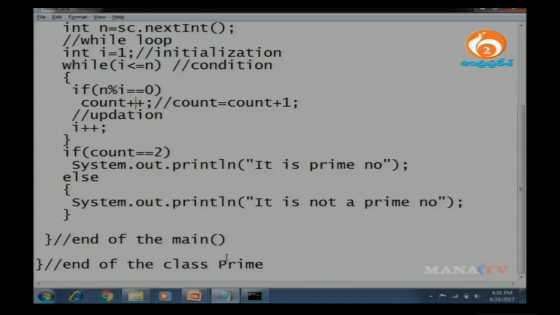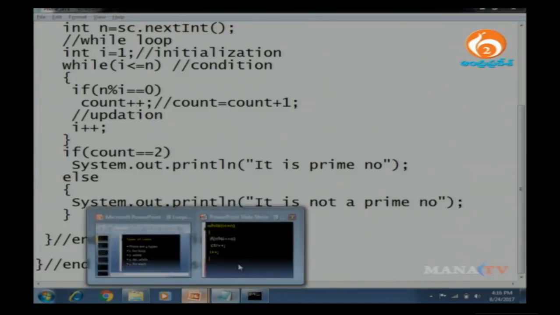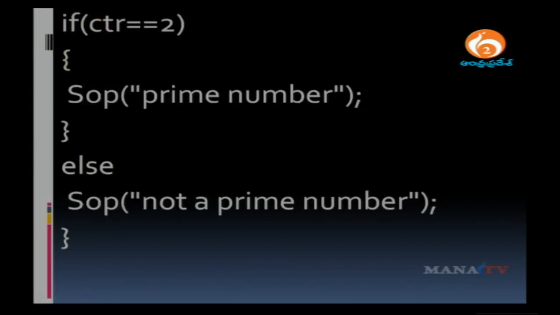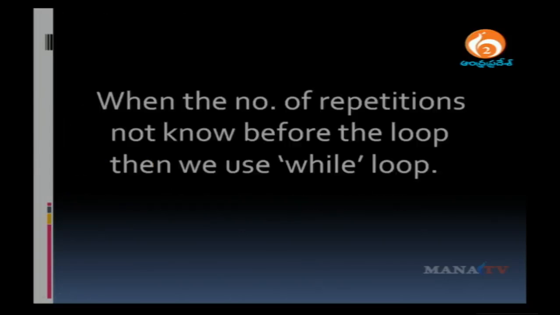Next we go to the slide. When the number of repetitions is not known before the loop, then we use the while loop. I repeat, when the number of repetitions is not known before the loop, then we go for the while loop. This is the main difference.